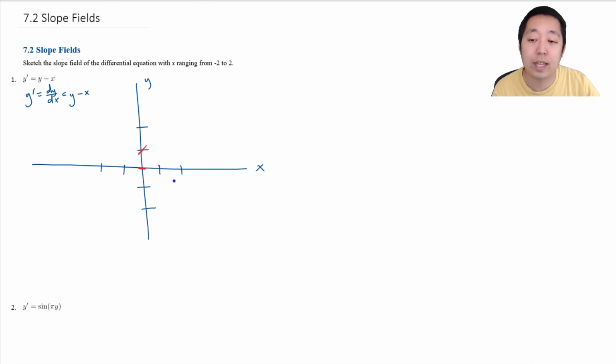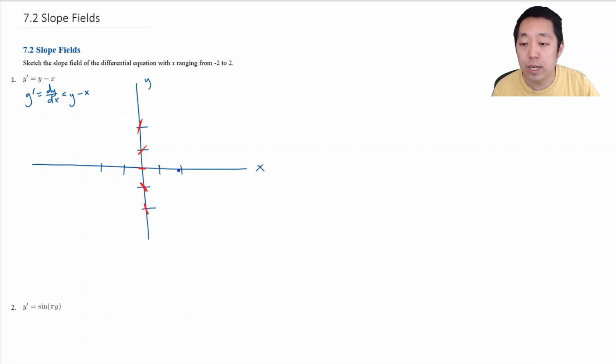Slope 1 looks like that. Then I go up one more and get 2, so it's going to look like that. A slope of 2 goes over 1 and up 2, and that's what that looks like. And then when I go down, x is 0 the whole time, y goes to -1. So this is a -1 slope, and then here's a -2 slope.